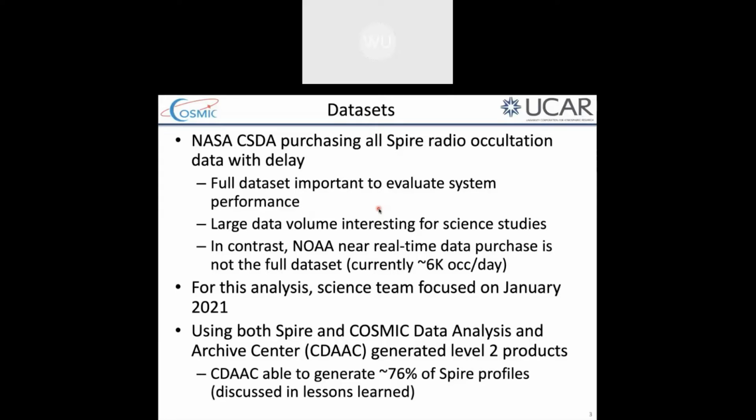And just point out that we're only able to retrieve about 76% of the profiles that they provided. That's mainly due to the fact that we don't have all the precise orbit data, so that's the main reason for that.